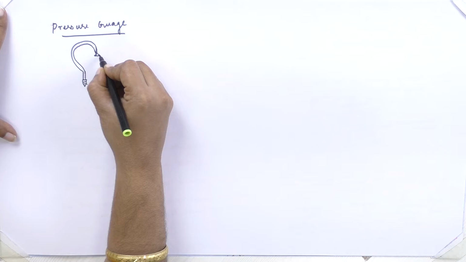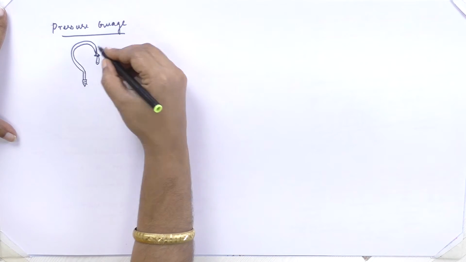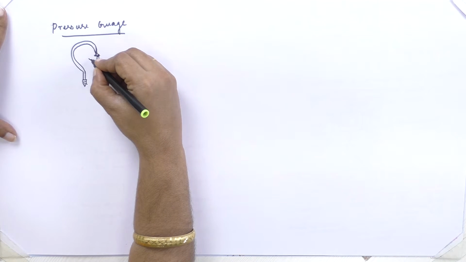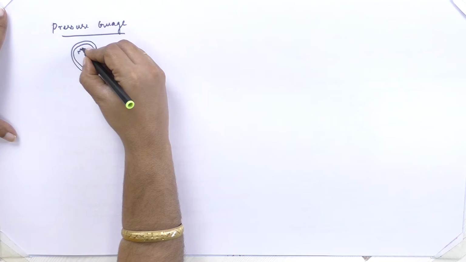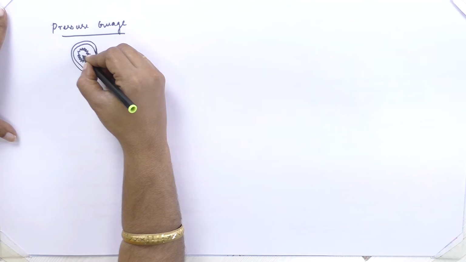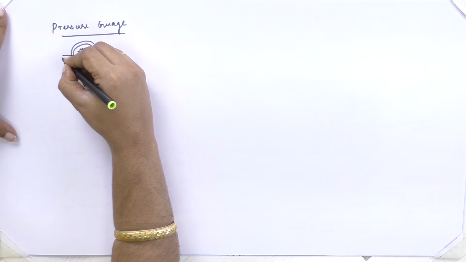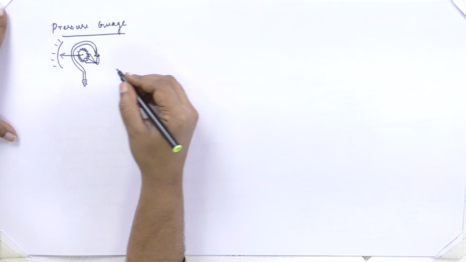One end of the tube will be closed and it will be connected to a mechanical linkage, which will be connected to a sector. The sector will be connected to a gearing mechanism which will be connected to a pointer which moves over the scale.